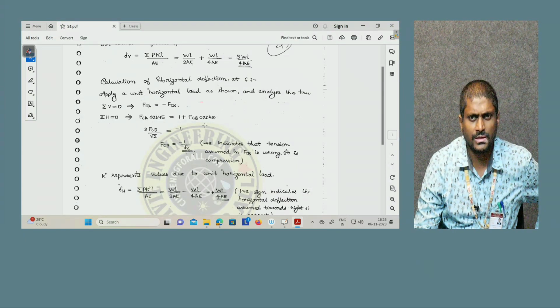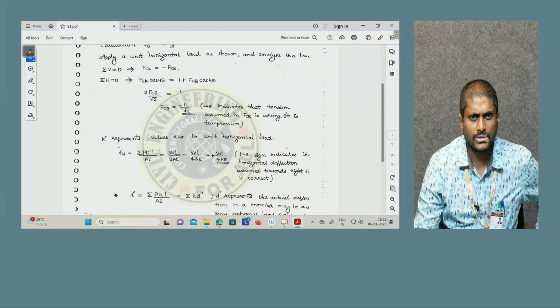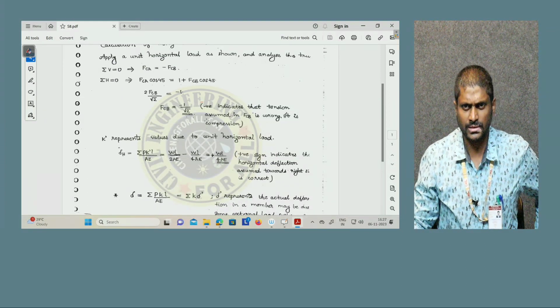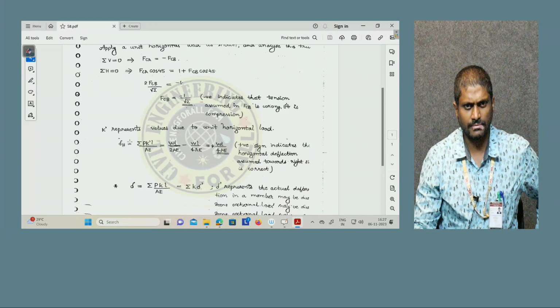Negative indicates that tension assumed in FCB is wrong, it is compression. K represents values due to unit horizontal load, and delta H equals to summation of PKL by AE, WL by 2AE minus WL by 4AE, that is nothing but plus WL by 4AE. The positive sign indicates the horizontal deflection assumed towards right is correct.